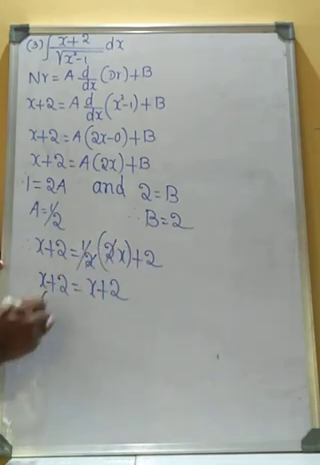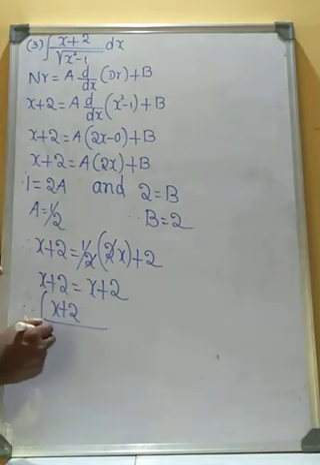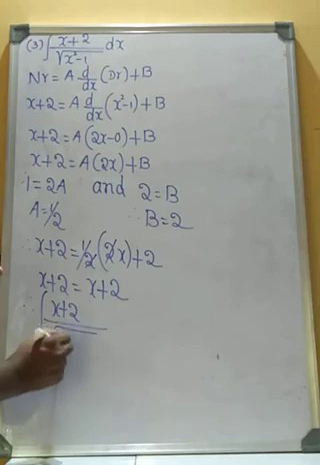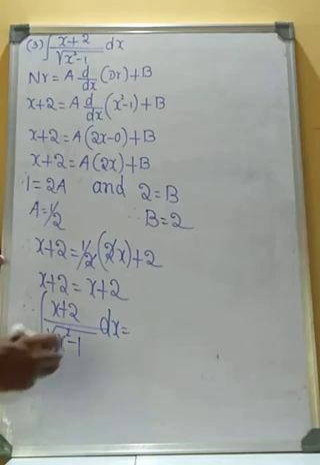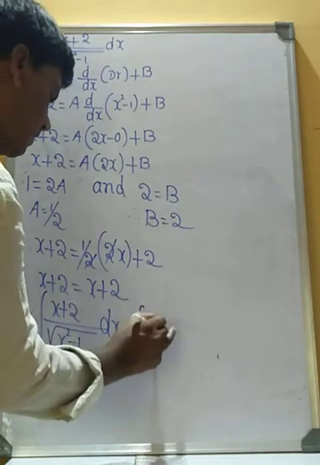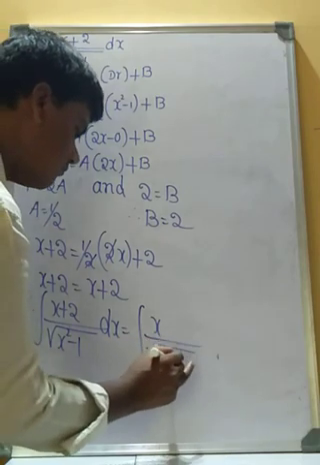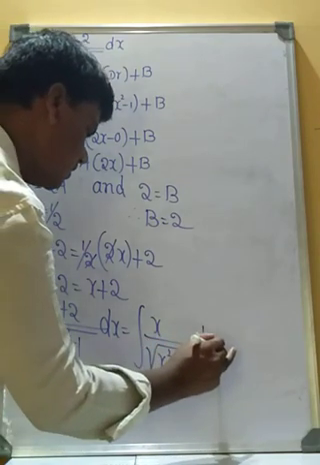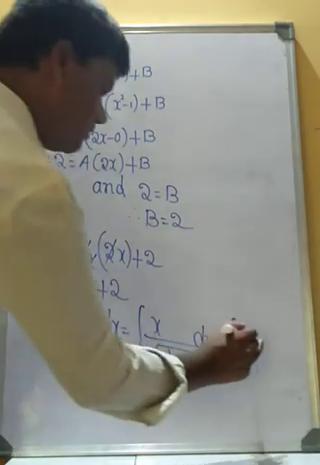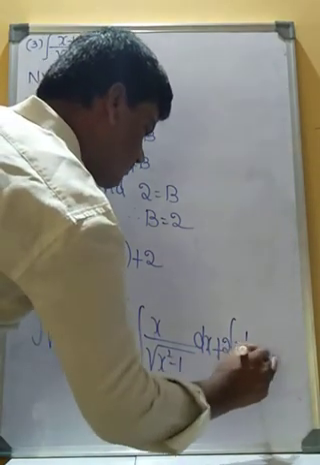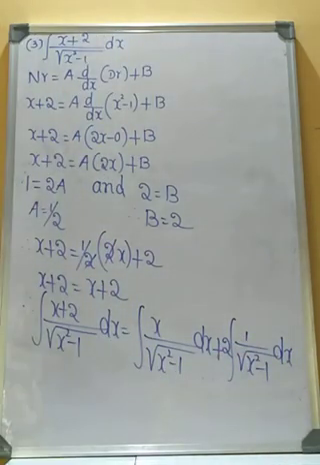Therefore the integral of (x plus 2) divided by root of x square minus 1 into dx is equal to the integral of x divided by root of x square minus 1 into dx plus, taking 2 outside, the integral of 1 divided by root of x square minus 1 into dx.